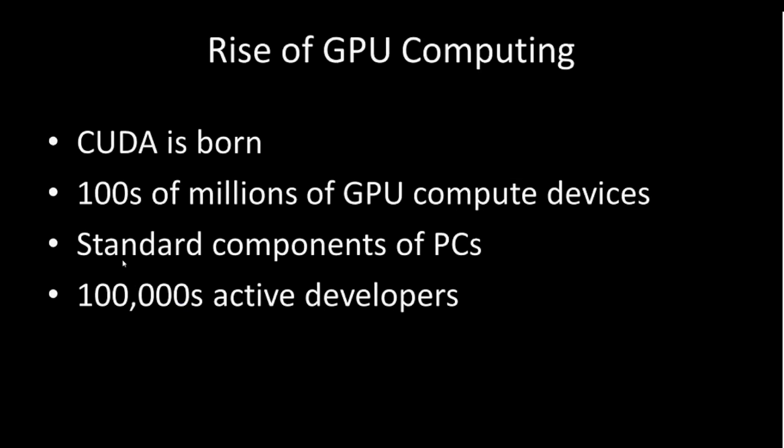There's hundreds of thousands of active GPU developers and many, many applications that now are taking advantage of these GPUs to get anywhere from 2x to 100x improvements in speed. Today we're going to be focusing on genomics applications, and we'll see that genomics applications in particular are very well suited in many cases for acceleration through the use of a GPU.